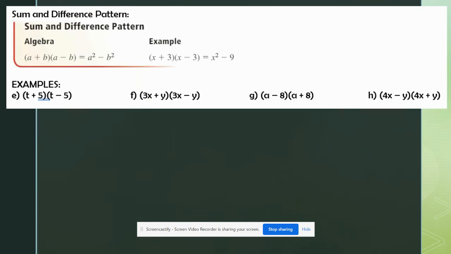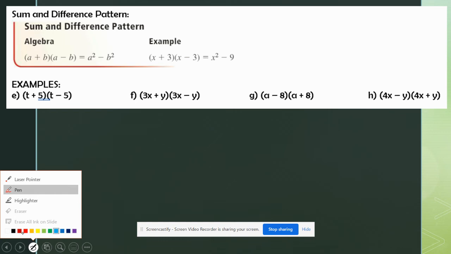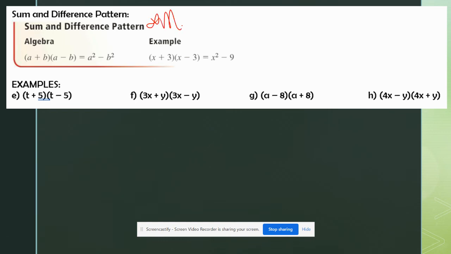Sum and difference pattern. This pattern I would memorize. You will use it quite a lot, and we'll use it both for multiplying and when we get to factoring. Probably one of the things besides the exponent rules that we've done so far that would be the best benefit for you to memorize.